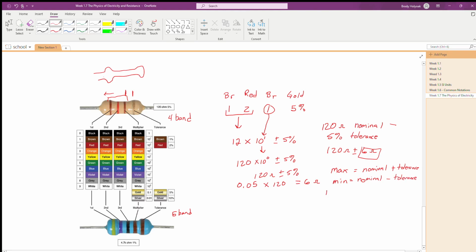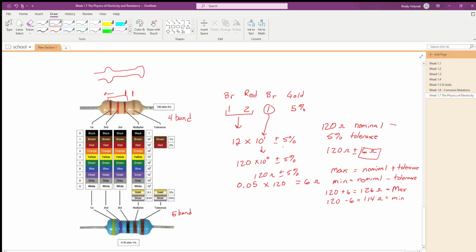So what I get is 120 plus 6, which gives me 126 ohms for my max. My minimum is 120 minus 6, so that gives me 114. So now when I go to measure this resistor, as long as it measures between 126 and 114, it is considered accurate and correct and good.